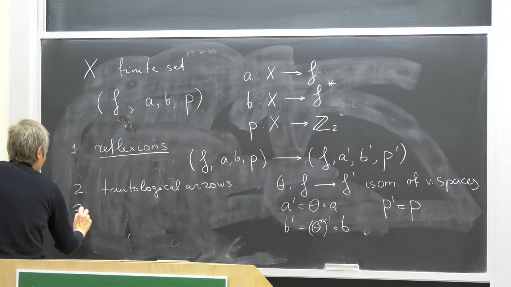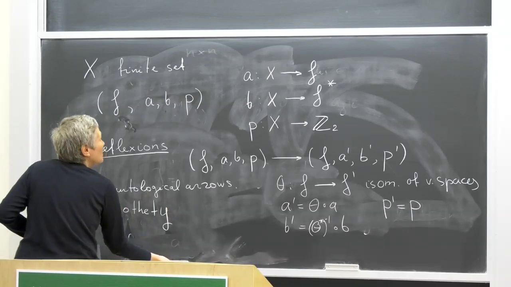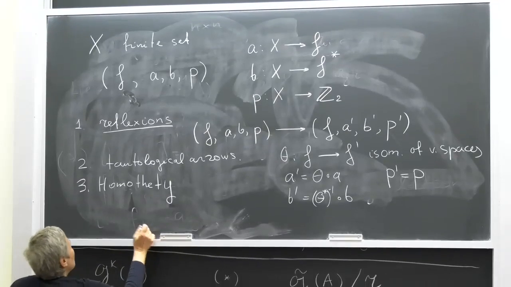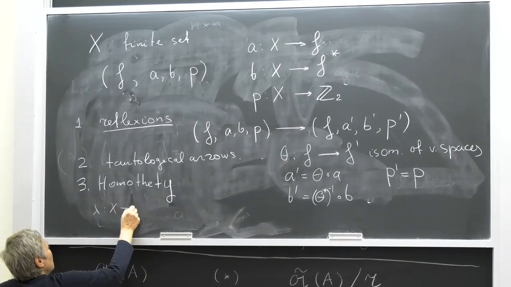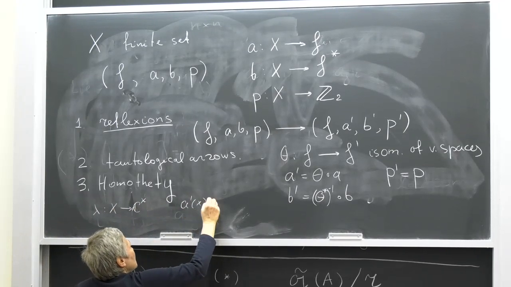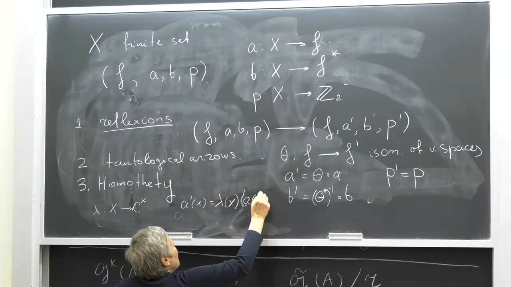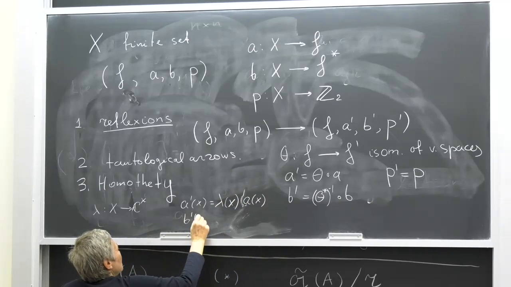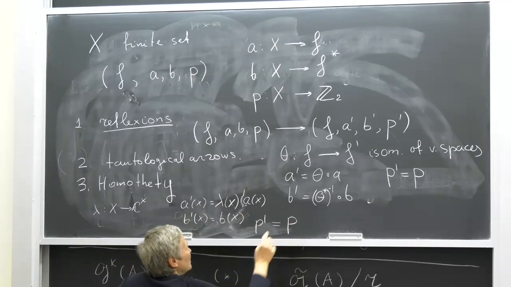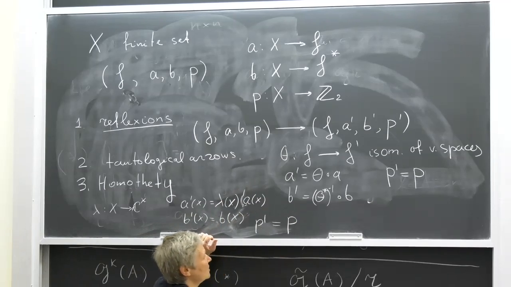Homothety. So what is this? I'm basically allowing now, I have lambda from X to C star, and this is a rescaling of A prime, so A prime of X equals lambda of X times A of X, and B prime of X remains as it is, and P prime is the same. Here H also doesn't change in this case.